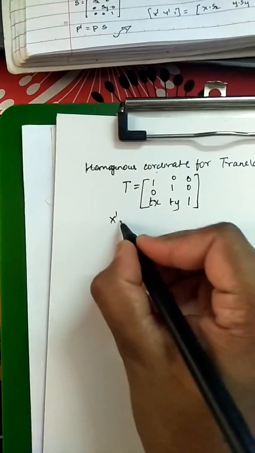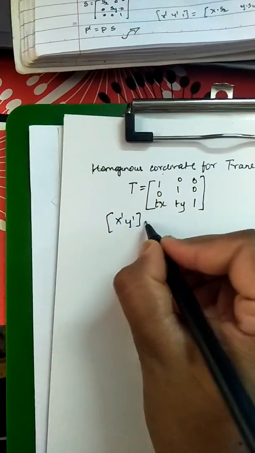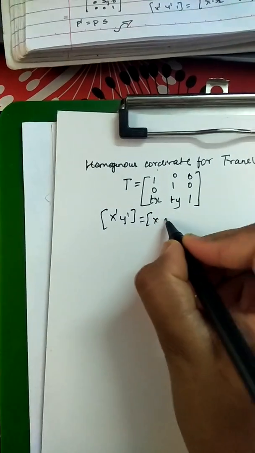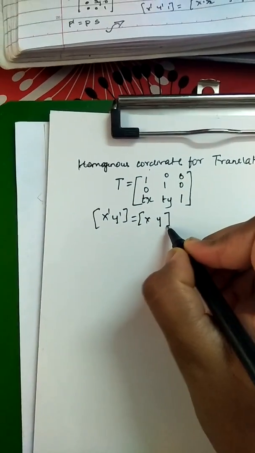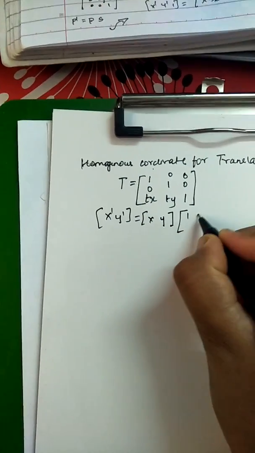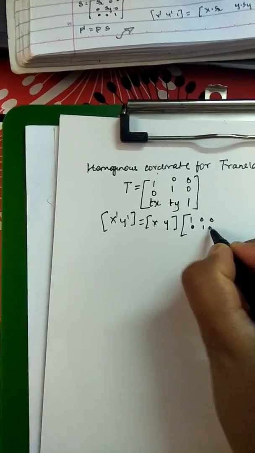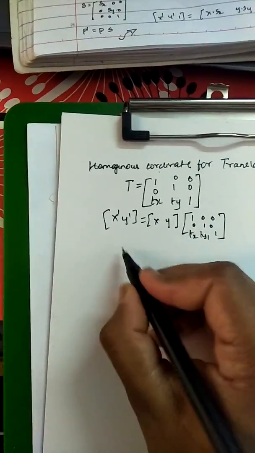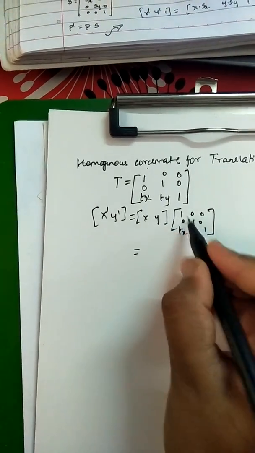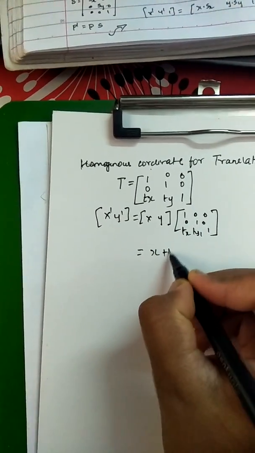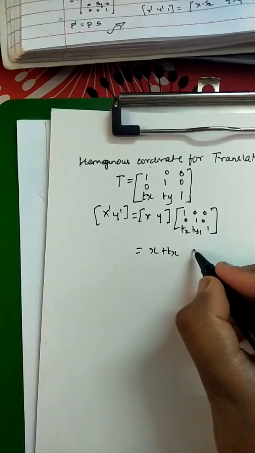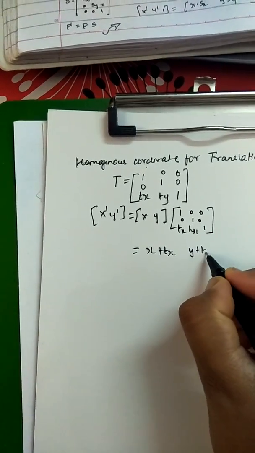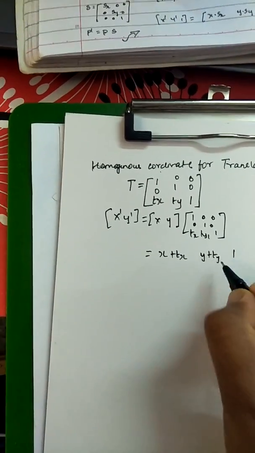So how can I write this equation? X, Y, 1 into the matrix 1, 0, 0, 0, 1, 0, Tx, Ty and 1. Can I just multiply this? X plus Tx, Y plus Ty and 1.